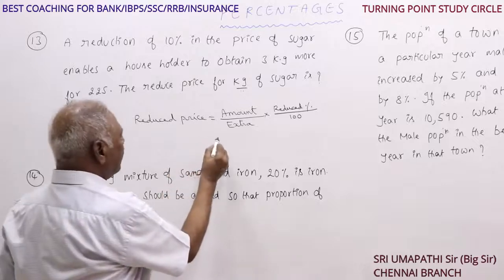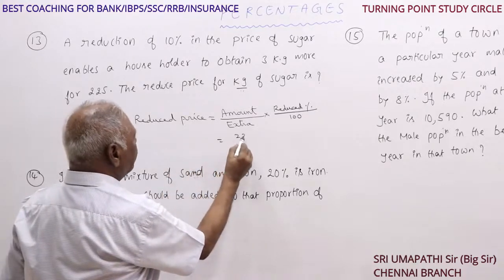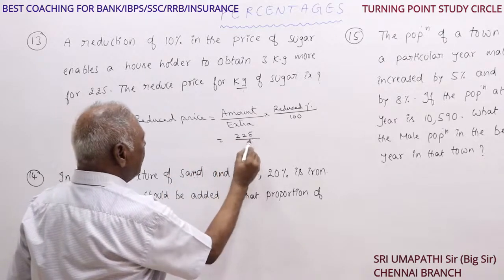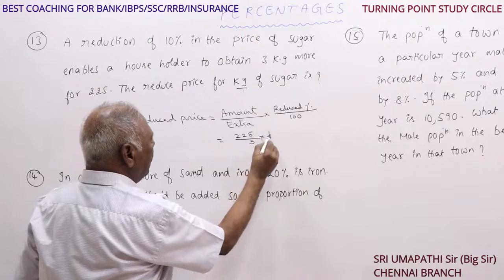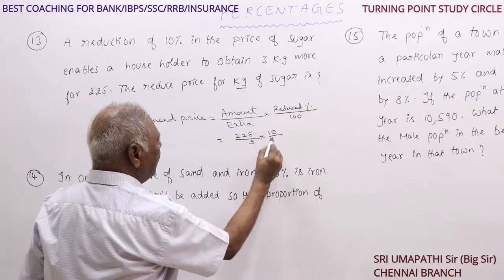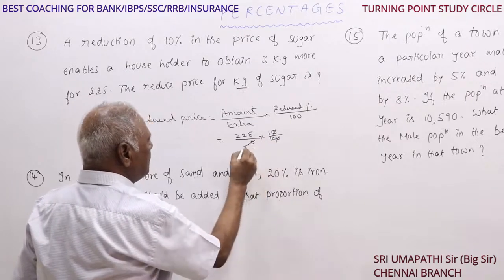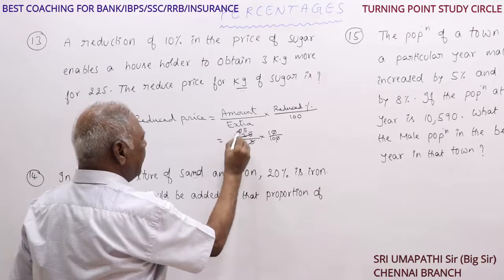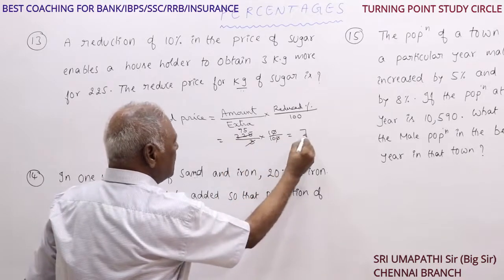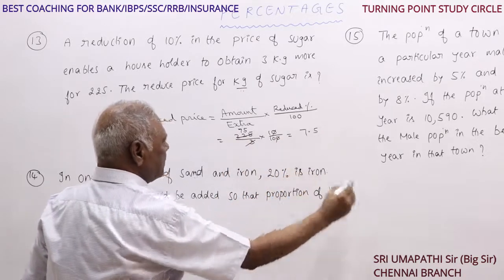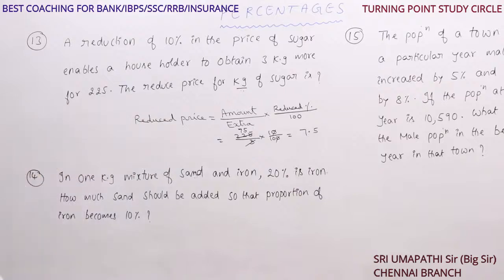So amount is equal to 225 rupees, extra is equal to 3, reduced percentage is 10 divided by 100. So it is 75 by 10, hence it is equal to 7 rupees 50 paise, 7.5 rupees.